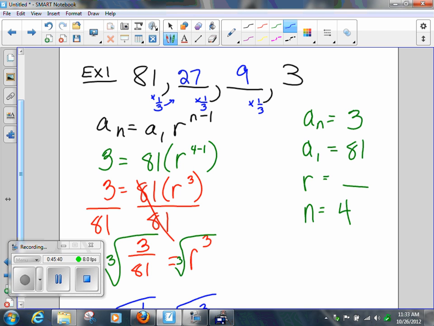We had 4 terms that time, right? Is anything different when we have an odd number? Not if I'm using the formula though, right? If I'm using the formula, I just use the formula. Let me show you this.